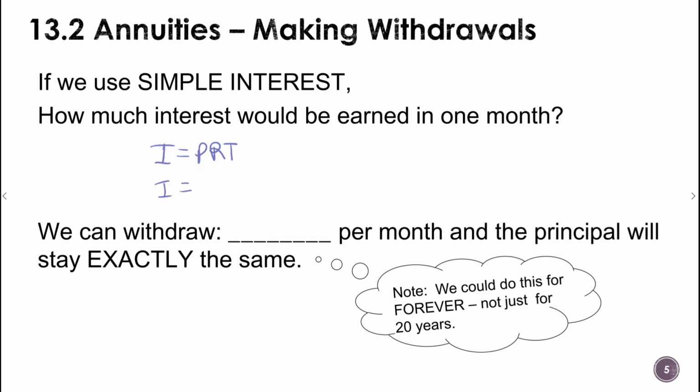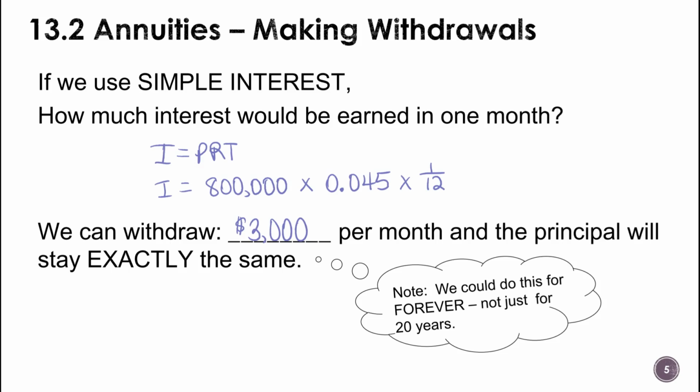So the amount of interest is how much we get to take out each month. $800,000 times our interest rate of 4.5%, so 0.045 in decimal form. And this is monthly, so that's 1 month out of 12 months. Remember, time is in years, so this is our portion of a year. When we calculate that, we see that it is $3,000. And that's how much we can take out every month.